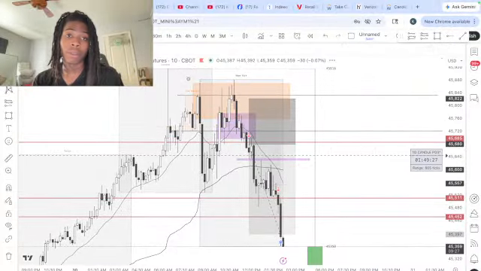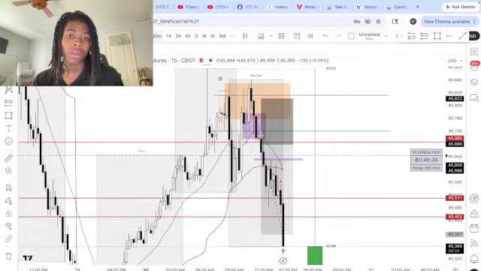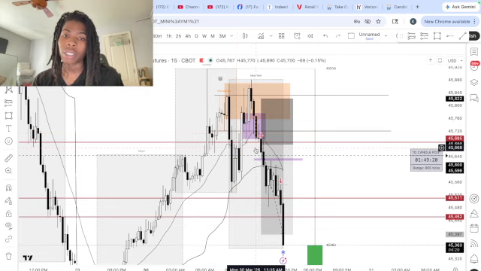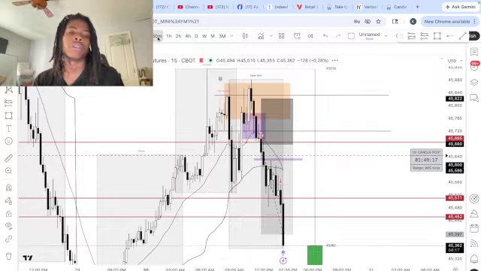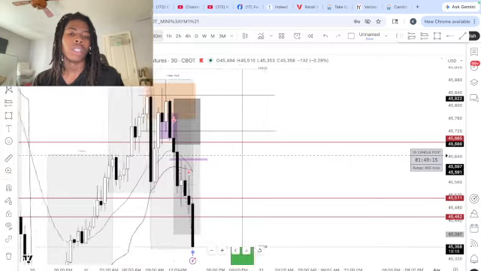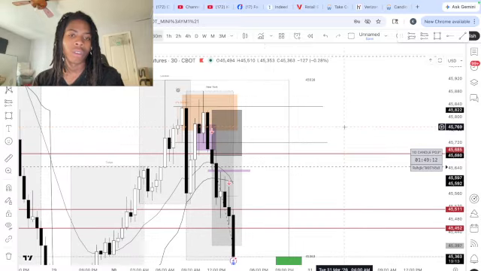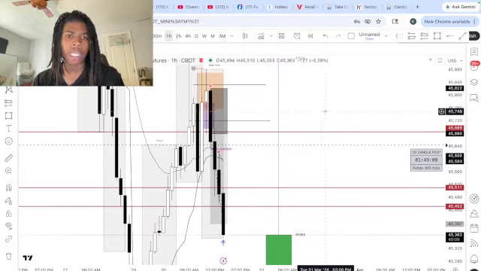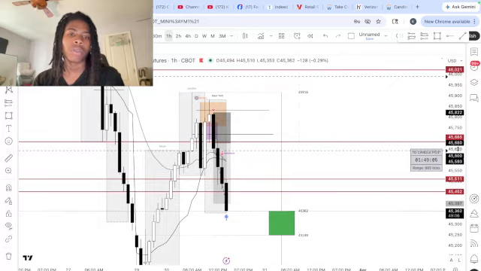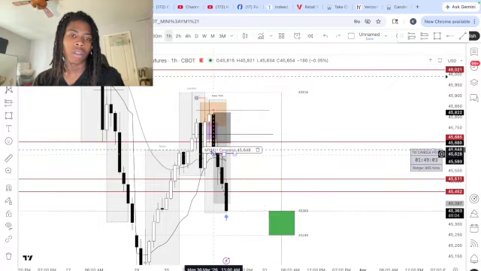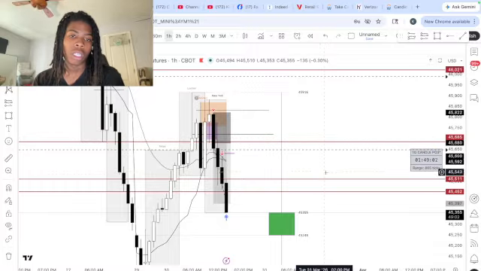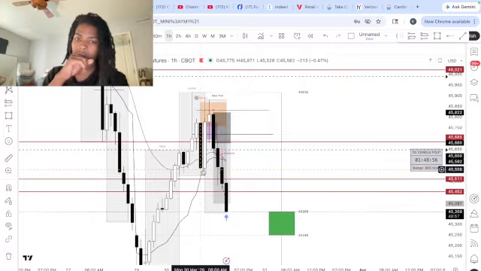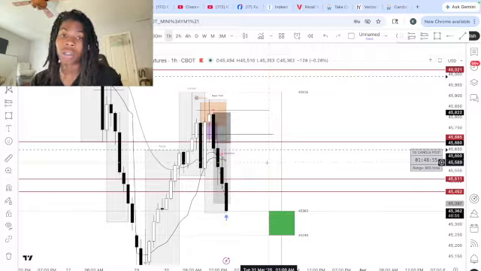Yeah, it was super, super textbook. We also had an inverse on the 15-minute before I could enter. It was during lunch, so that was just extra confirmation for me to enter at 12. And then the hourly, my confirmation was this engulfing candle first, and then our 20 EMA and our VWAP got broke through cleanly while I was already in the trade.